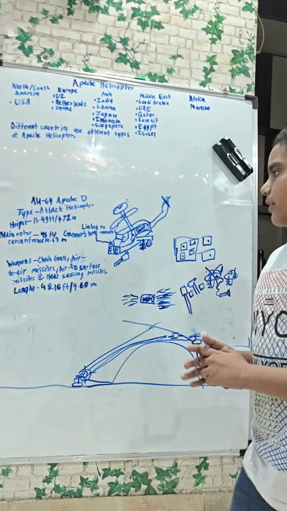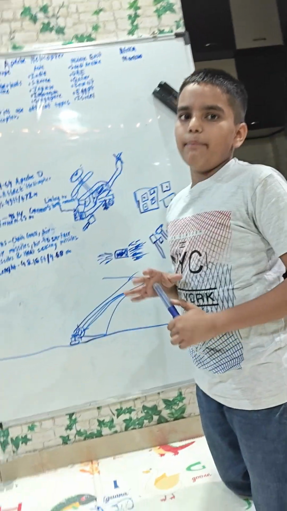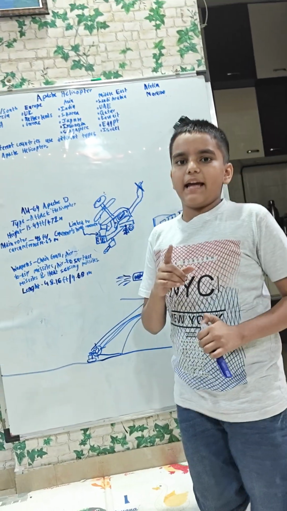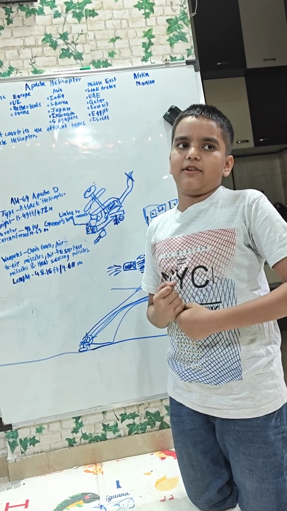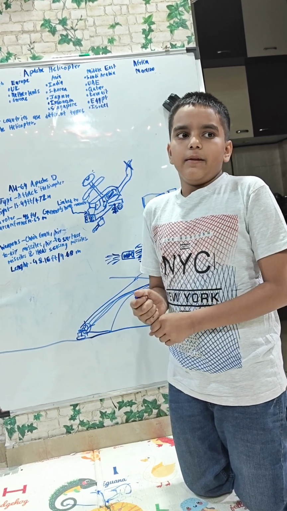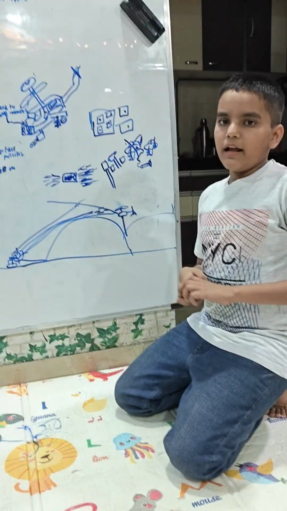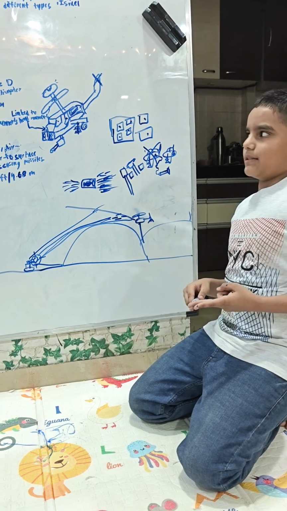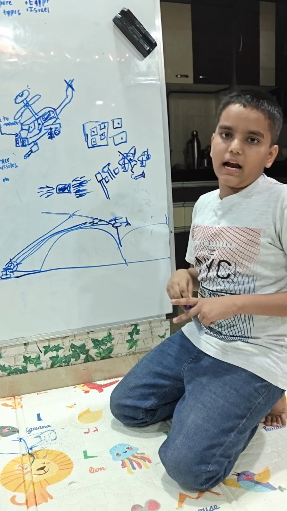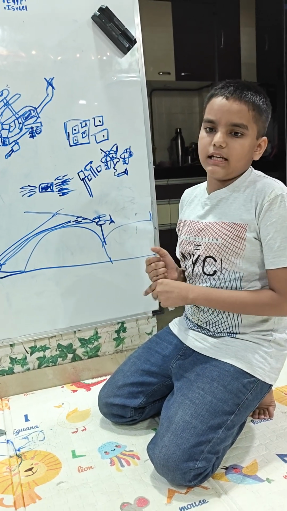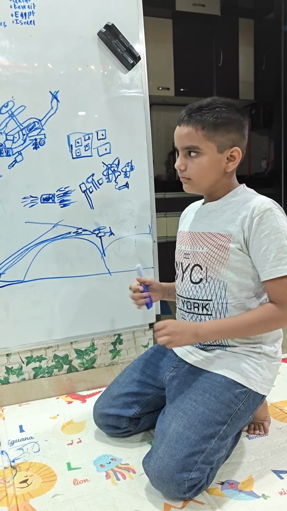So now let's revise the content. Point number 1: the AH-64 Apache helicopter is named after a North American tribe known as the Apache. Number 2: this helicopter has 3 cameras which have a range of 15 kilometers, and the Longbow radar.